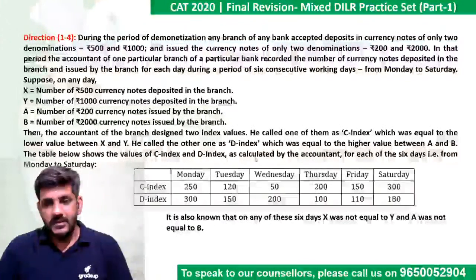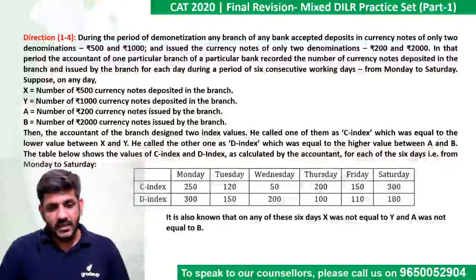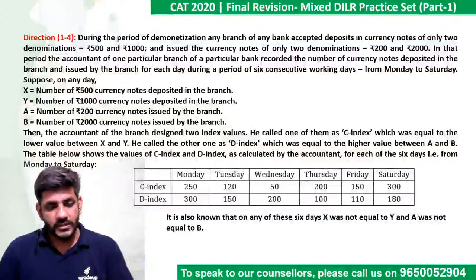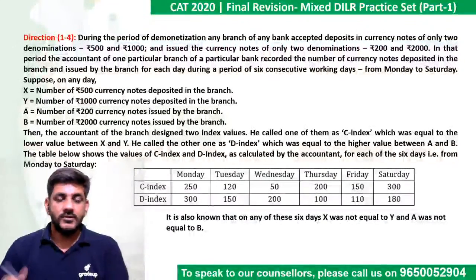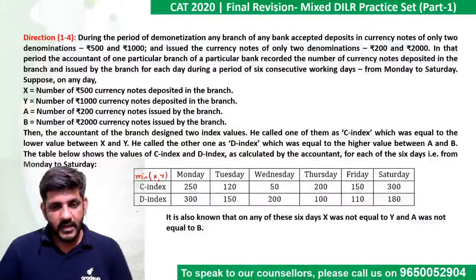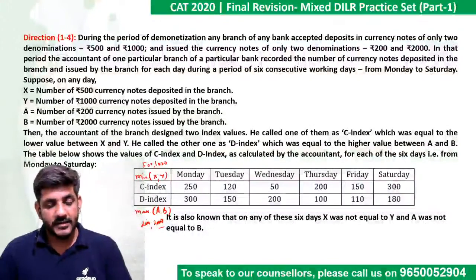ठीक है. It is also known that on any of these 6 days, X was not equal to Y and A was not equal to B. So this C index is the minimum of X and Y, and this D index is the maximum of A and B. X and Y are the notes deposited, 500 and 1000, A and B are issued, 200 and 2000.